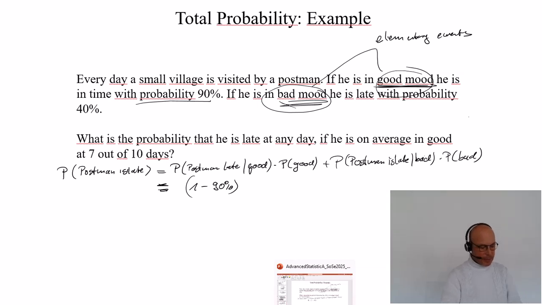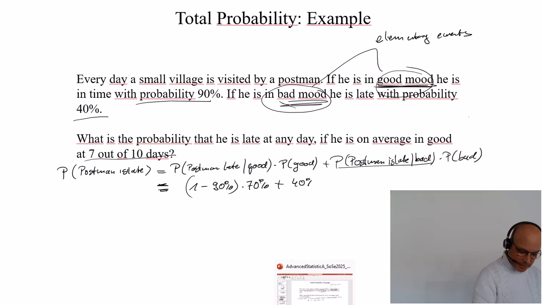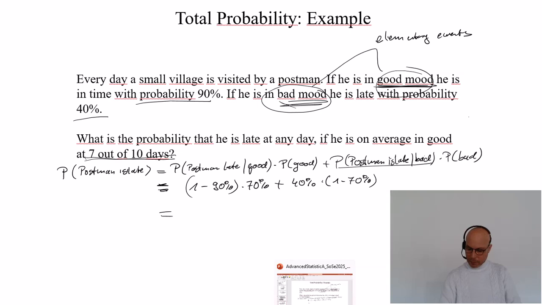What is the probability he is in a good mood? 7 out of 10 days, so times 70%, plus late if he is in a bad mood, probability 40%, times the probability he is on average in a bad mood, 3 days out of 10, so 1 minus 70%. And overall, we obtain roughly 19%.